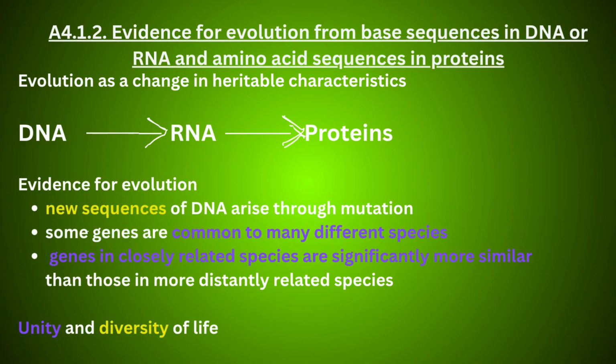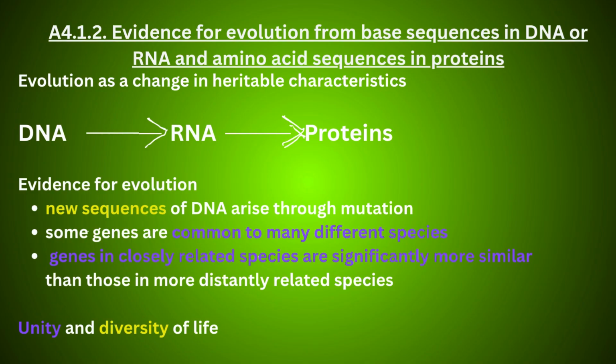It contains the genetic codes for building proteins, which are the workhorses of our cells and organisms. Therefore, when scientists look for evidence of evolution, they often examine changes or similarities in DNA sequences or the resulting amino acid sequences of proteins between different organisms.